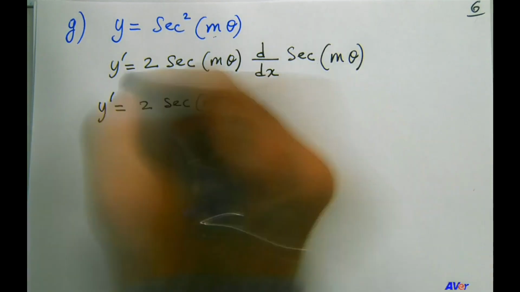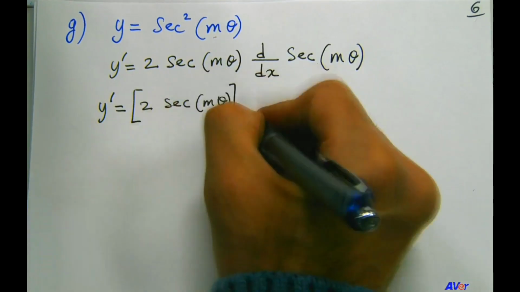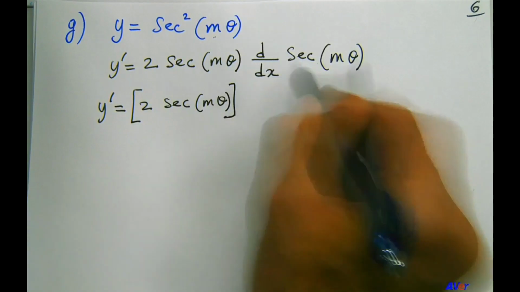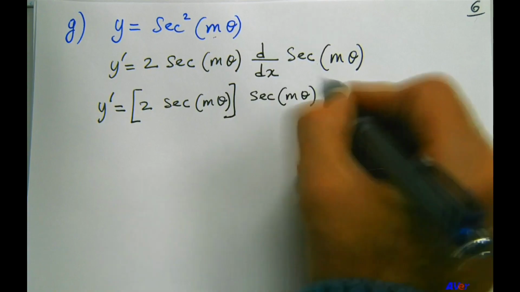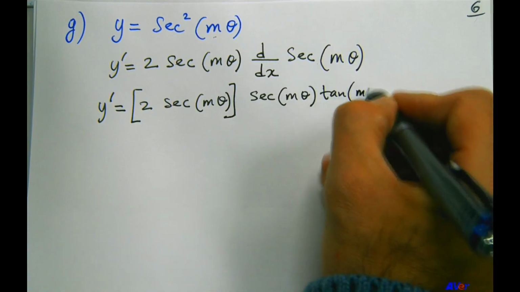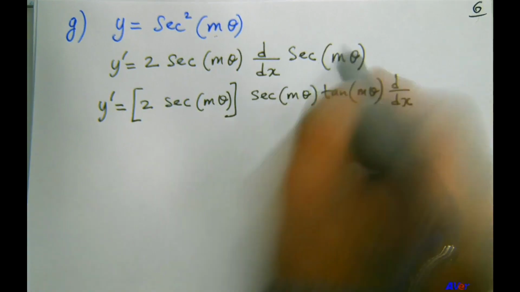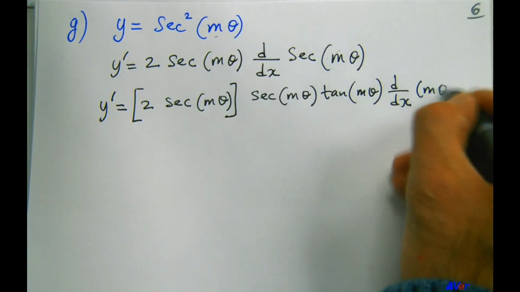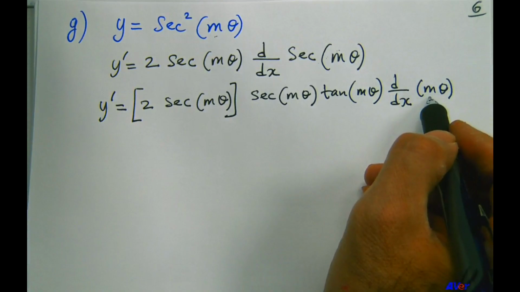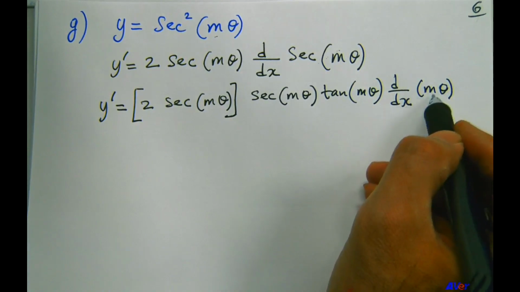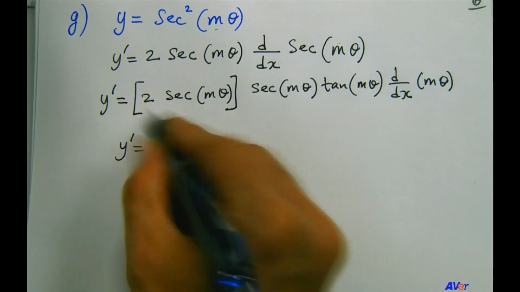So let me put all of this in a bracket to make it more distinct, and then that derivative is secant m theta times tangent m theta, of course, times d dx of the inside of the parentheses, m theta. Okay, so we have that to finish. And the derivative of that is just m, right? Okay, so let's do that. So y prime is equal to all of this.